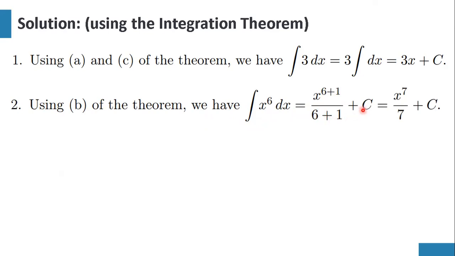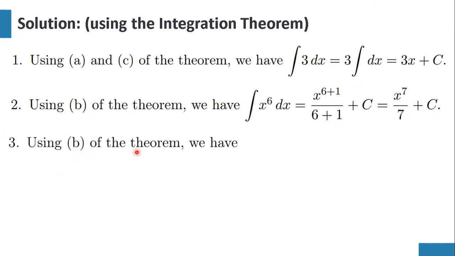As we simplify, the exponent 6 plus 1 is equal to 7. Therefore, for our final answer, we have x raised to the power of 7 all over 7 plus c. Let's have the third example.